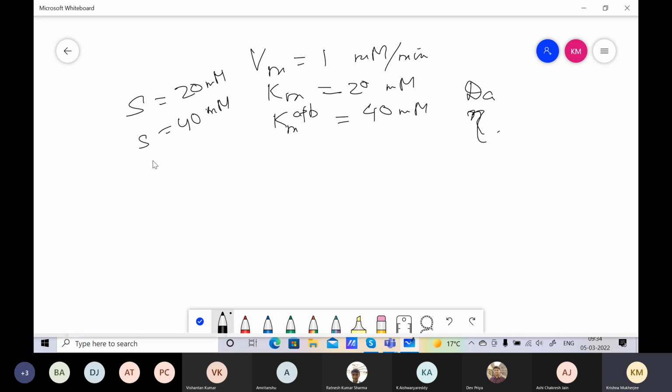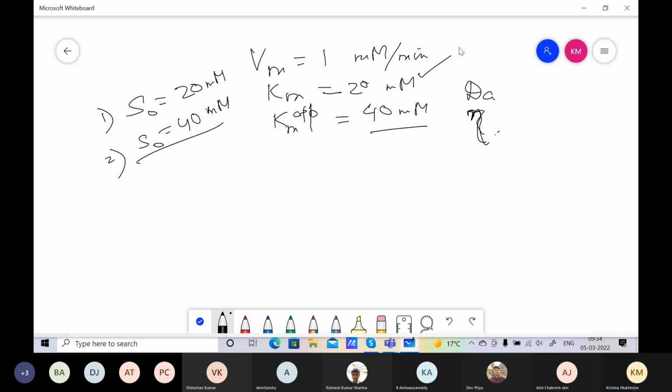Let us do this. Question number 1, S is equal to 20. Question number 2, S is equal to 40. Find out the value of dA. Does it get impacted by changing S naught? I have done a lab experiment and you have been told that under the conditions of working, Km apparent is 40 and the real Km value without external mass transfer is 20.